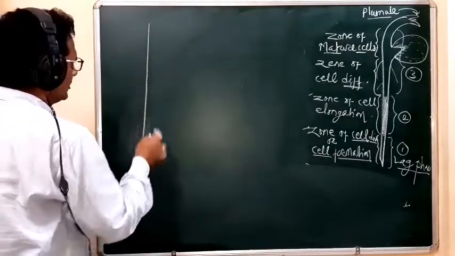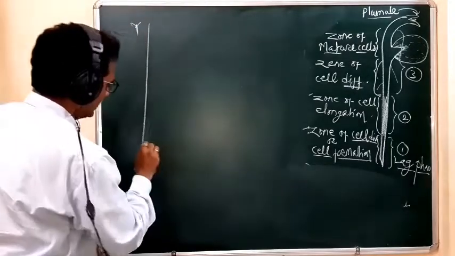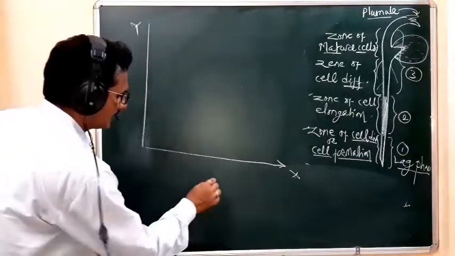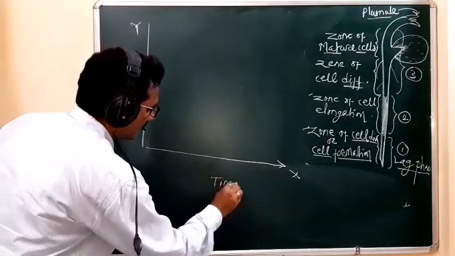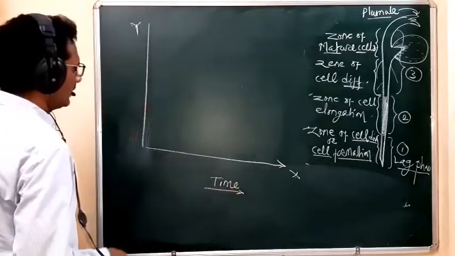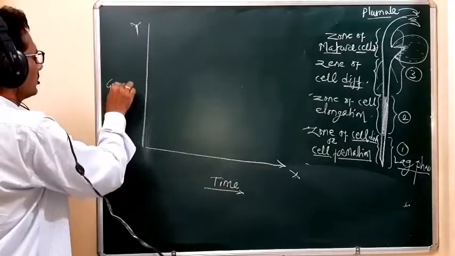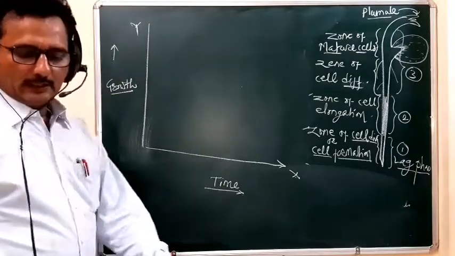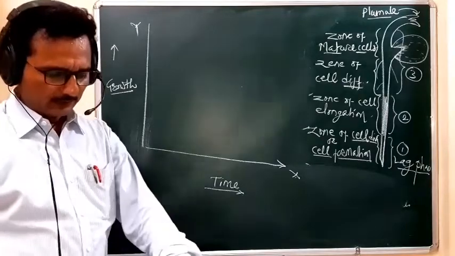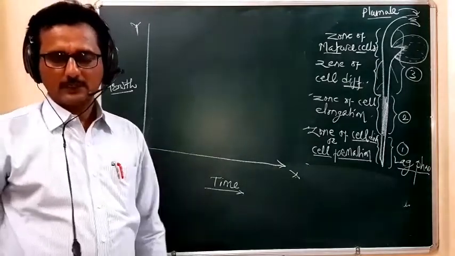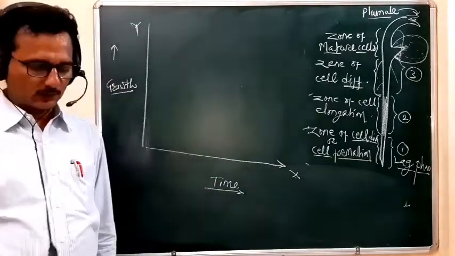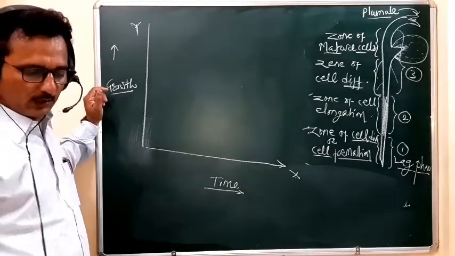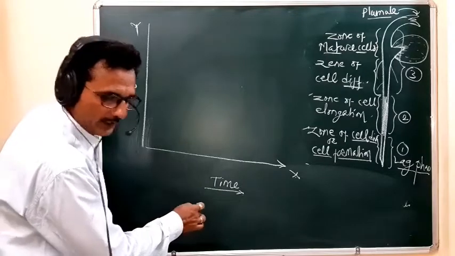This is the y-axis, and this, as usual, is the x-axis. Let's take time on the x-axis and growth on the y-axis. Then what type of graph do we obtain with respect to these three phases of growth? We have the sigmoid curve.